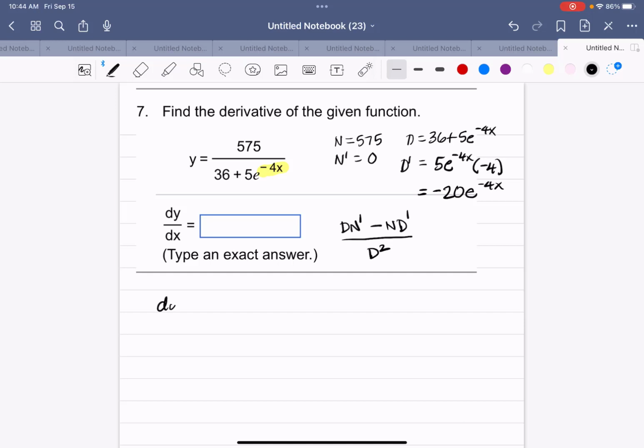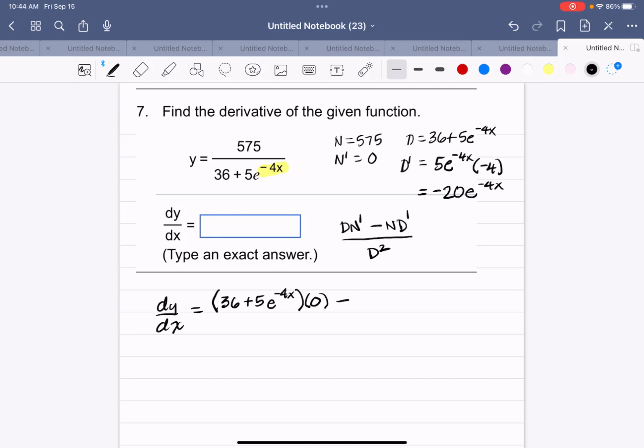So our dy dx is our denominator, so it's this whole thing, 36 plus 5e to the negative 4x. You need to put that in parentheses. The derivative of our numerator is a 0, so that's going to actually become a 0 because anything times 0 is 0.